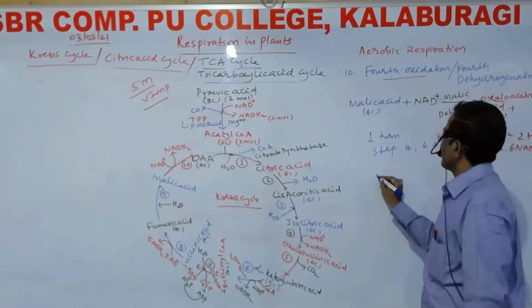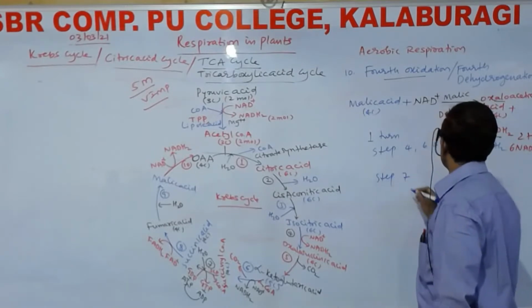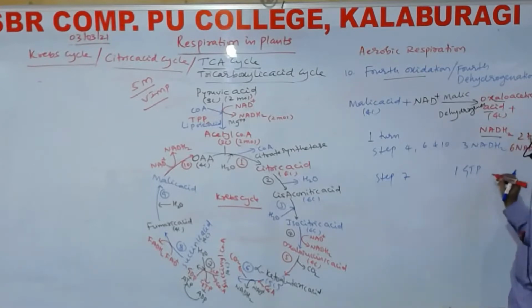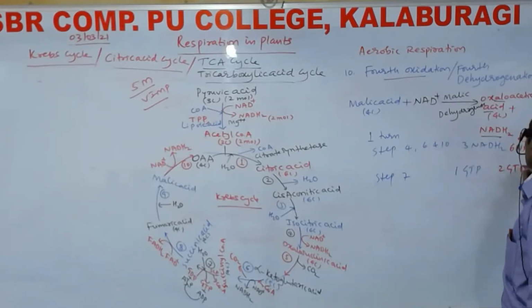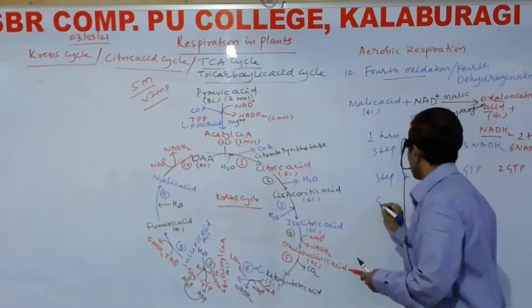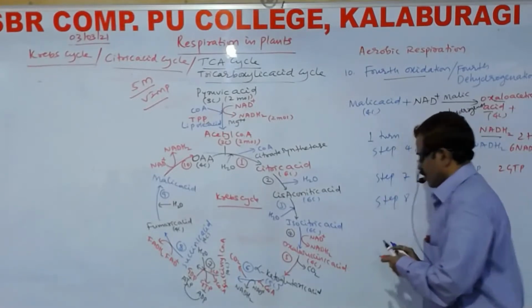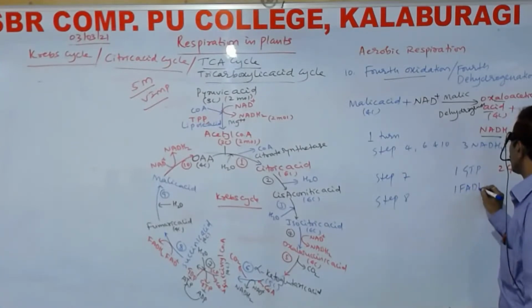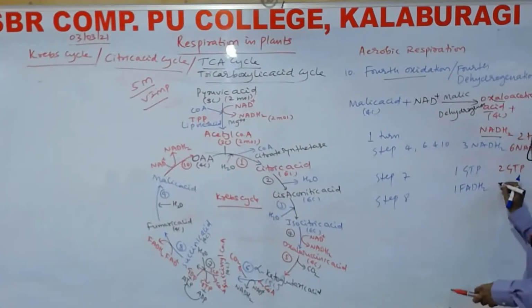Then in one turn, step number 7, 1 ATP is produced. After 2 turns, how many? 2 GTP can be produced. Then step number 8, 1 FADH2 is produced. After 2 turns, how many FADH2? 2 FADH2 are produced.